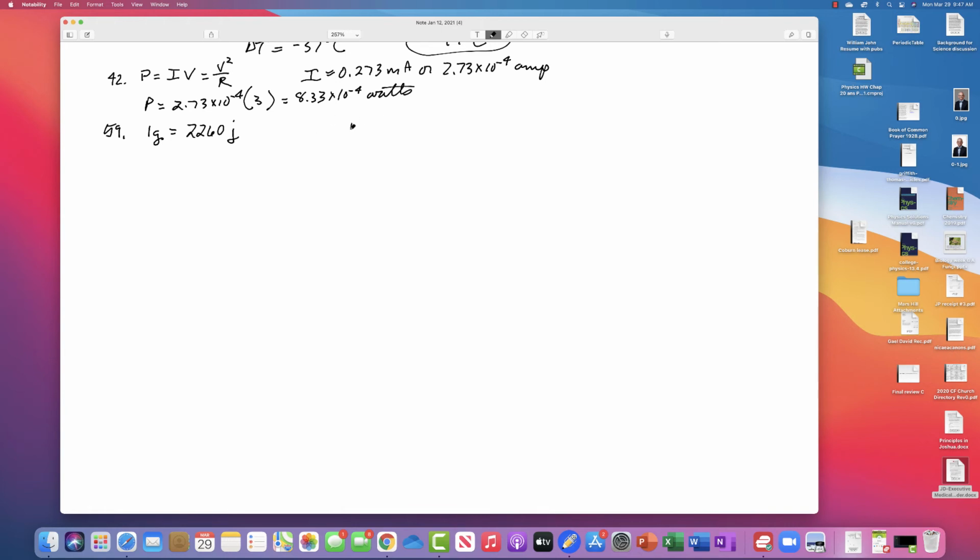Basically we know that power is equal to IV. So that's 3.5 amps times 120 volts, and if you multiply those two together, you get 420 watts.